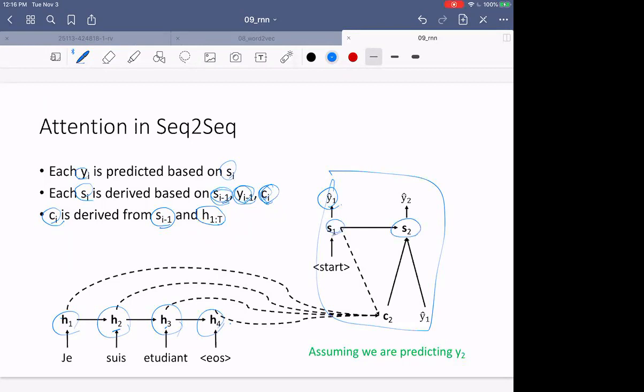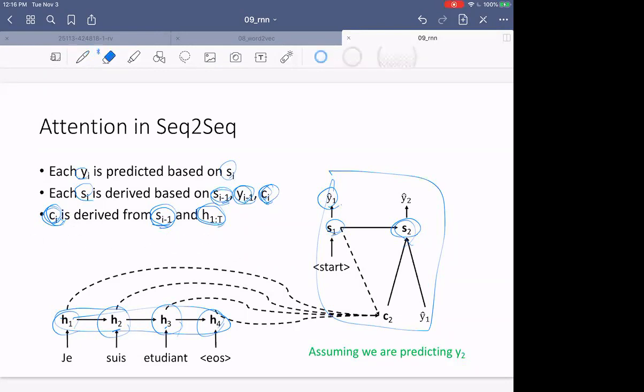So in order to derive a meaningful context vector, you not only need to consider all these, but you also need to consider the state of your decoder, which is the S. That is why ci is derived from si minus 1 and h1 to T. So we are at time step 2, so C2 is derived from S1 and H1 to T.